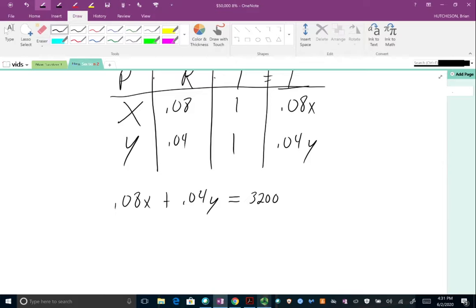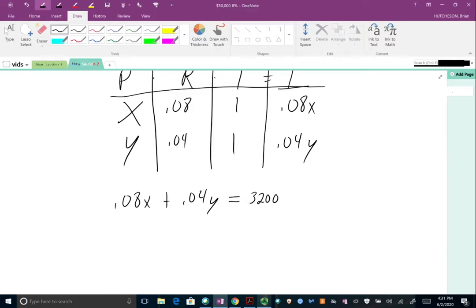But the trick is, I need one more equation, something that is already given to us. If I can get one more equation that puts X and Y together and builds that relationship, then I would have two variables and two equations that I can solve simultaneously and see where they intersect.